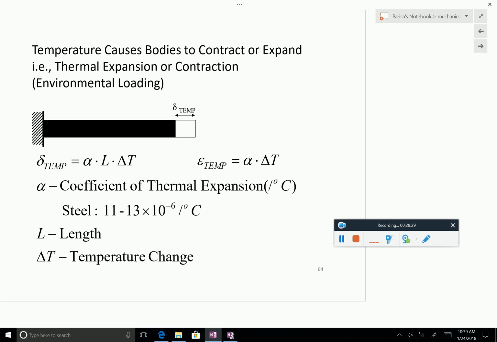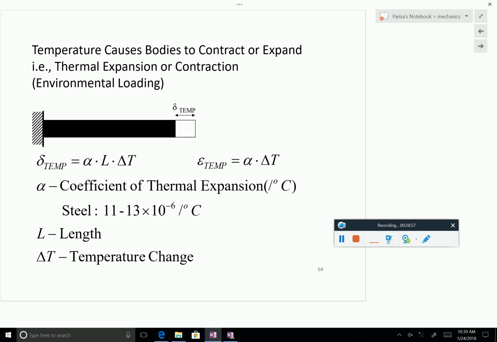And the proportionality factor is called the coefficient of thermal expansion. Has everyone seen this before? And it is here, let's say, per degree centigrade or Fahrenheit. And here you can see the range of, let's say, alpha for steel.